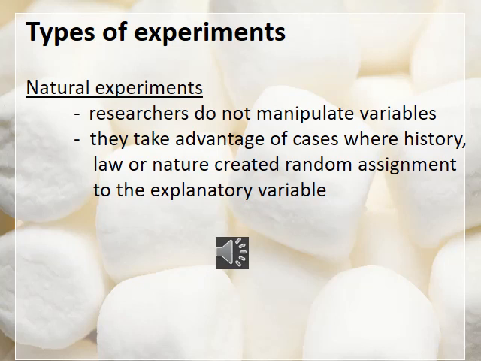The third type of experiment is called a natural experiment. It is done when the researcher does not control any of the variables, does not control the explanatory variable, the response variable, or any lurking variable. They have a question to answer. They cannot manipulate the variables because either it is impossible, not feasible, it is unethical, or very dangerous.